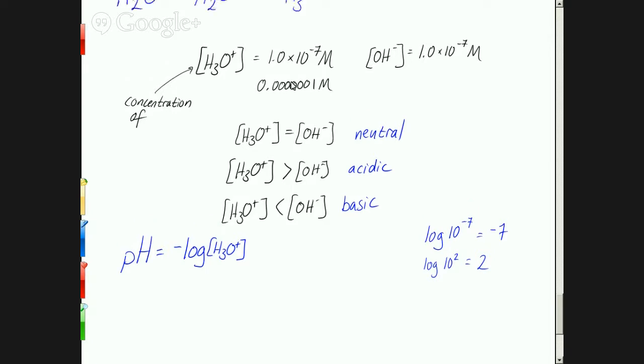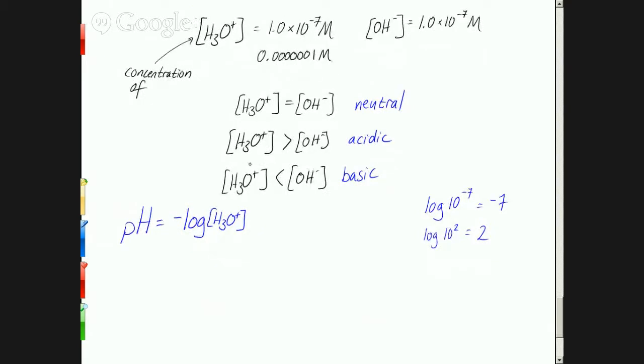So if we look at our hydrogen ion concentration up here, the negative log of 1 times 10 to the minus 7th is what? 7, right. And this is actually a unitless number. So it's not 7 pHs or something, it's just 7.